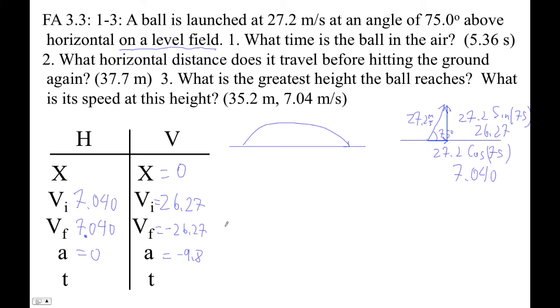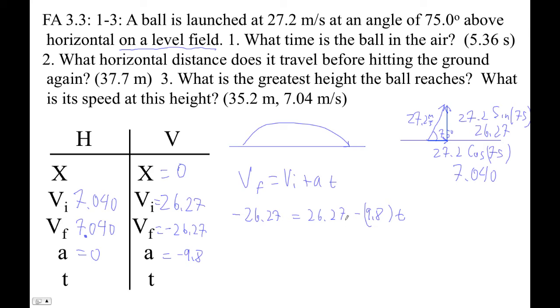All right, so now we've got all these numbers, and this side's solvable. You always use this: VF is VI plus AT. They're all the same. So negative 26.27 is 26.27 minus 9.8 times the time.